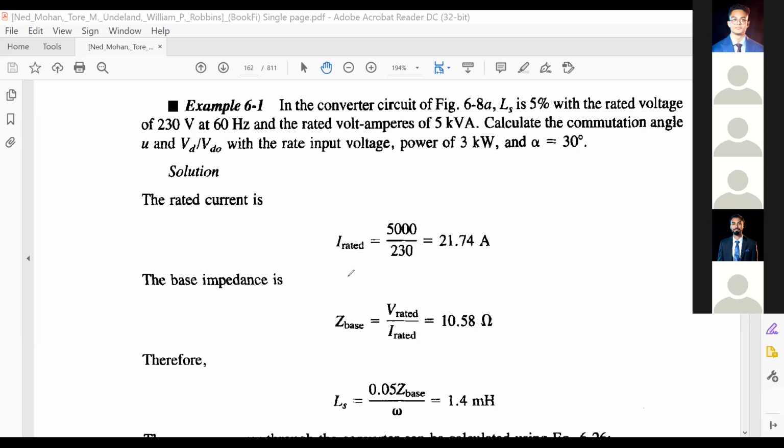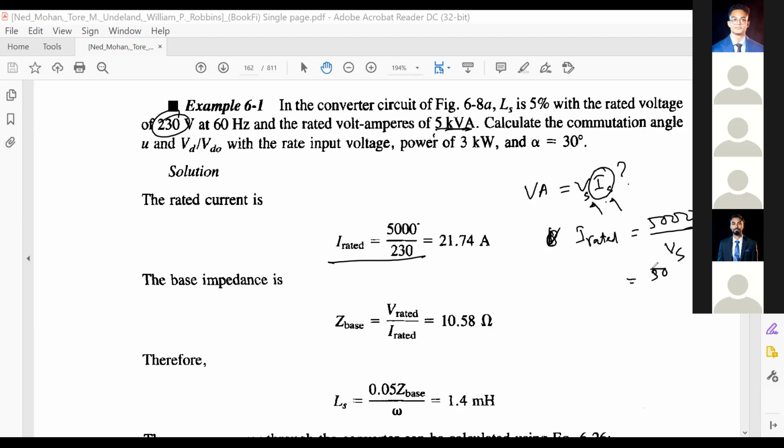Okay, good. So we have to find the rated current. The 5 kVA is given, so this is 5,000. You know that VA will be voltage multiplied by current, Vs and Is. We don't know this Is, we have to find it. Then Is, or I rated, will be 5,000 by Vs. Vs has been given here.